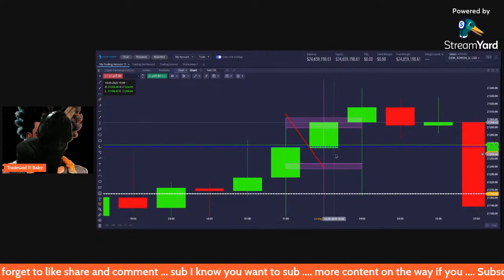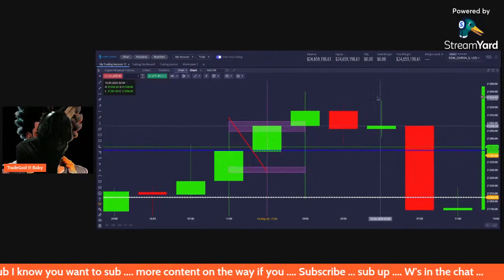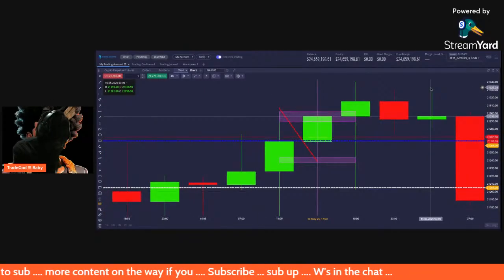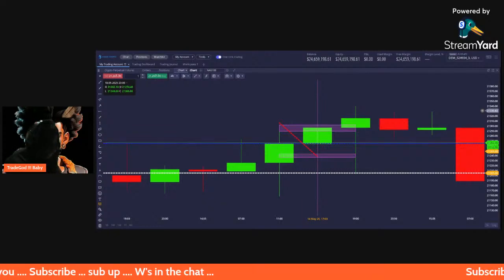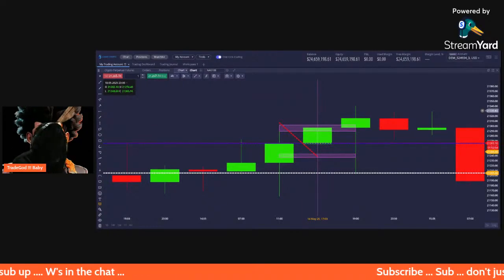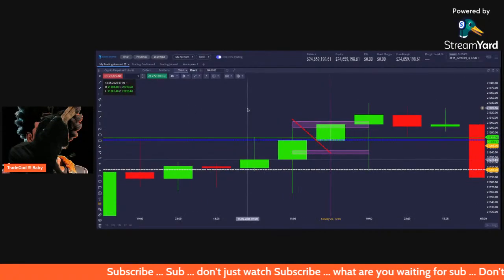And as you can see, that whole 4 hour was just bullish, and then the next 4 hour was bullish. So in my opinion, it wasn't the best high quality setup, but it was decent if you're scalping.